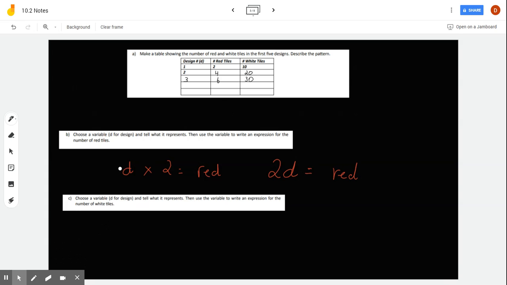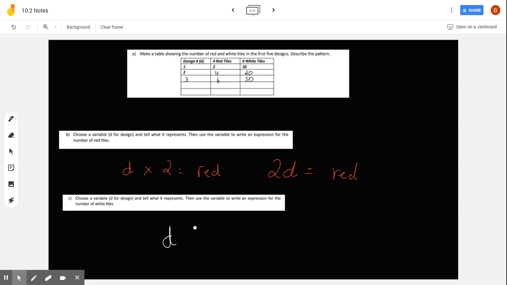Now the next question says, choose the same variable, in this case D for design, and then use it to write an expression for the number of white tiles. Same thing like we did for the red tiles. We're just looking at what it is increasing by. What is the pattern? If we go back to our table of values, we'll notice that it seems like the white tiles are going up by groups of 10. So again, we'll let D represent the design number.